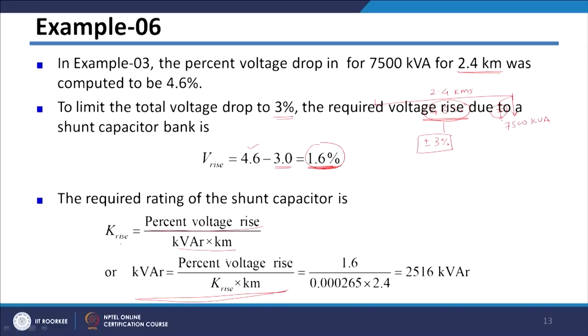So percent voltage rise is 1.6%, K rise factor is 0.00265, which we have calculated in the last slide, and the length of the feeder is 2.4 kilometers. In that case your kVAR of the capacitor required is 2516. So we need a capacitor of this size so that the voltage limit will not get violated.